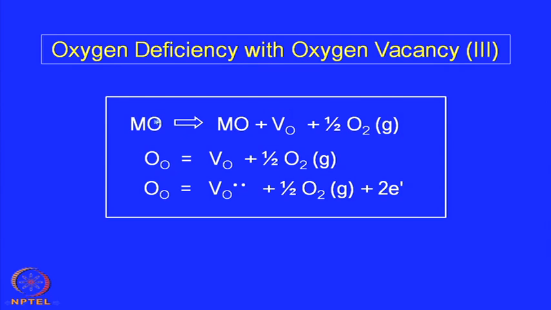Well, finally, this is the overall reaction we are writing. This is just to express what is happening. The metal oxide has a perfect lattice, in addition an oxygen vacancy has been created and half oxygen has gone out in the form of atom, leaving behind two electrons. Then the metal site has been removed here, and we simplify the equation like this, only oxygen, just maintaining the mass balance.